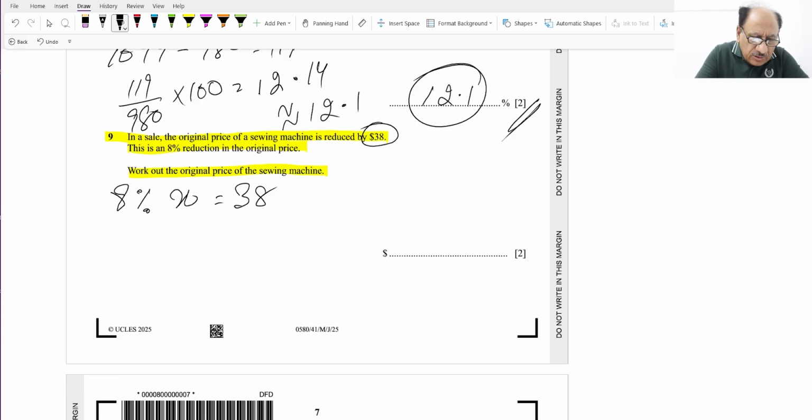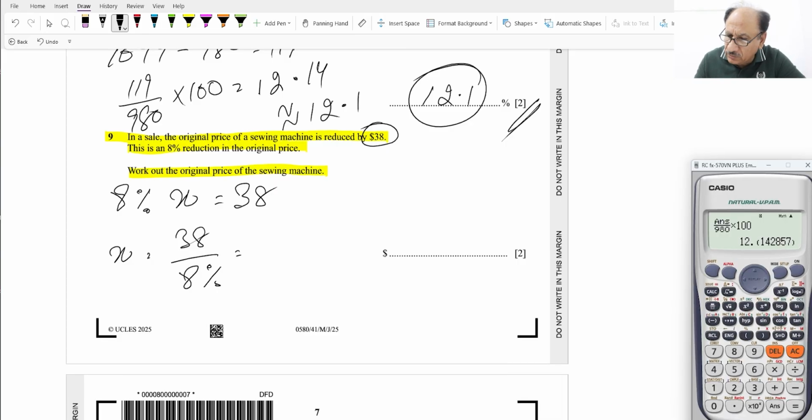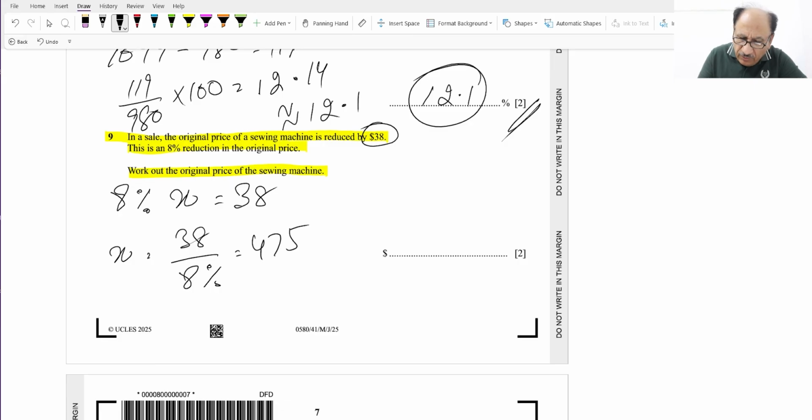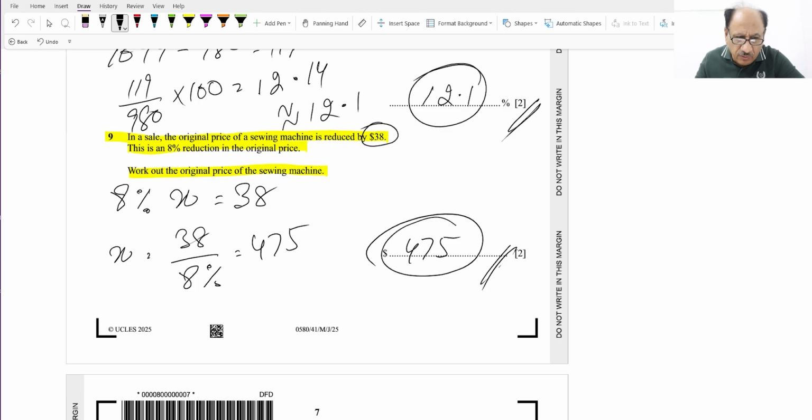So reverse percentage. So X will be equal to 38 over 8%, and this will be equal to what? 38 over 8, and percent is somewhere here. Yes. So this is 475. So $475 will be the answer for 2 marks.